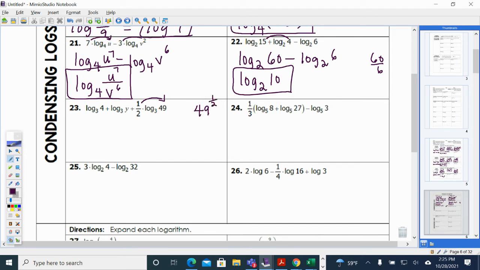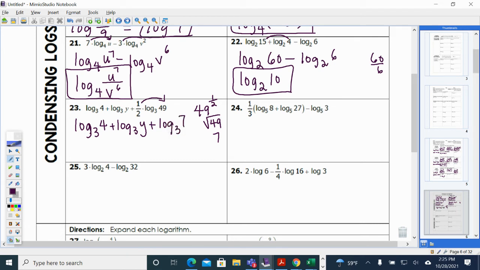Hopefully you remember me saying at some point that anytime you have an exponent that's a fraction, that's really a radical. So this is the square root of 49, which is equal to 7. So that last term is log base 3 of 7.